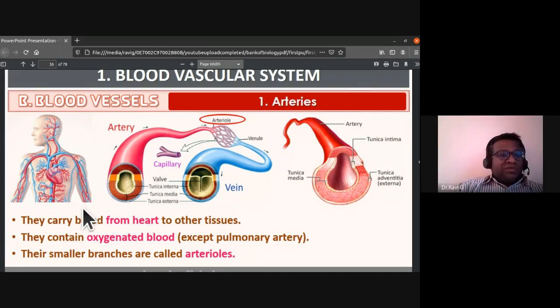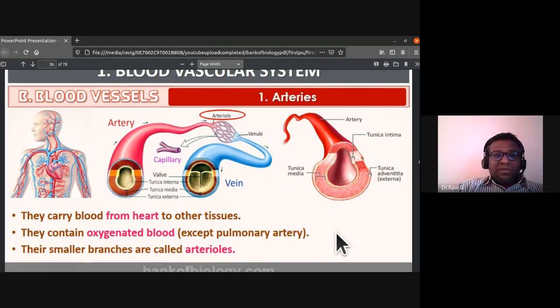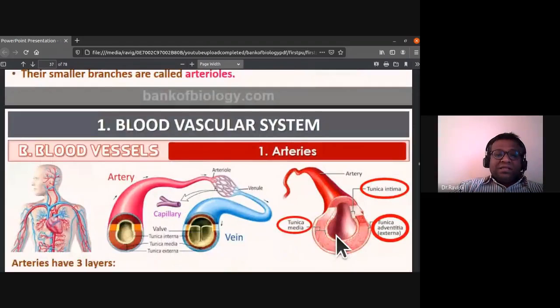Arteries carry blood from the heart to other tissues. They contain oxygenated blood except for the pulmonary artery, which carries deoxygenated blood to the lungs. The smaller branches of arteries we call arterioles. These are the terms that you should remember regarding the arteries.